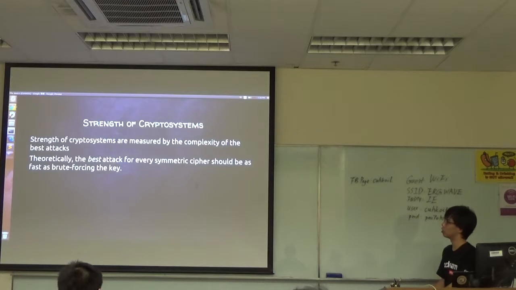And for crypto systems, usually the best attack is to exhaust the key, in particular for symmetric keys. The best attack should be exhausting the whole key space to find the best key. Like a rock cipher, the best attack should be exhausting the 256 keys.